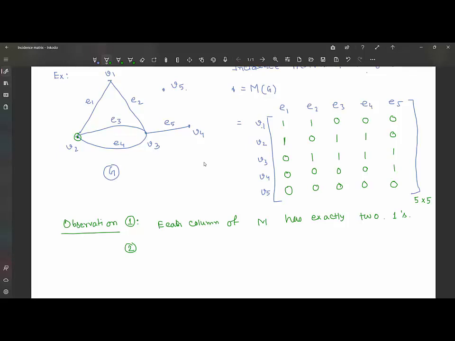For V2 there is one, another one, and another one, so there are three ones, so the degree of V2 is 3. For V3, 1 2 3 and 4, so the total number of ones is 4, and for V4 the degree is 1, it is a pendant vertex. For V5 you can see that there are no edges, so the degree of V5 is 0, it is an isolated vertex.